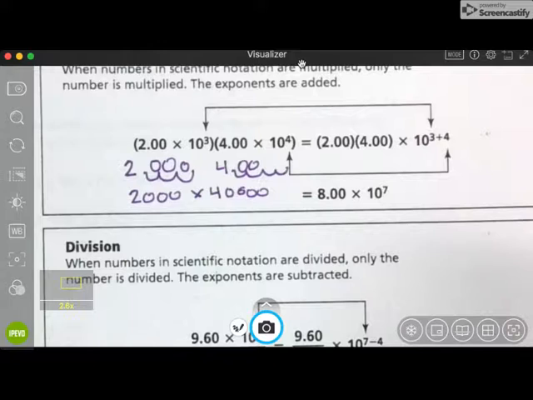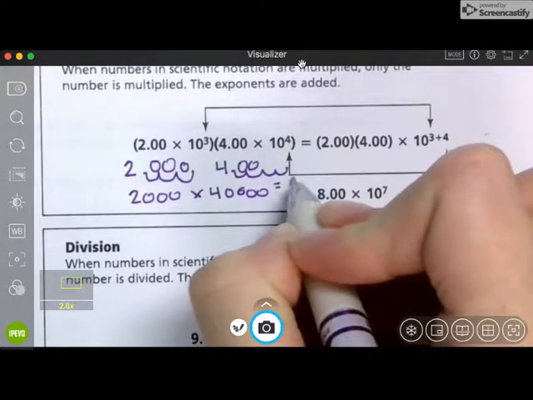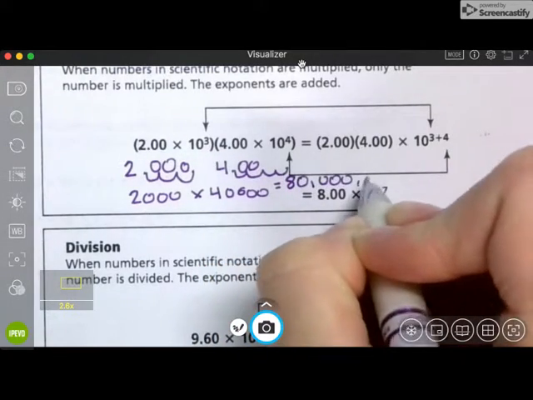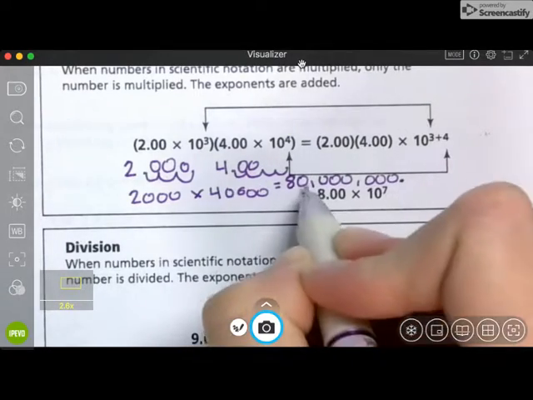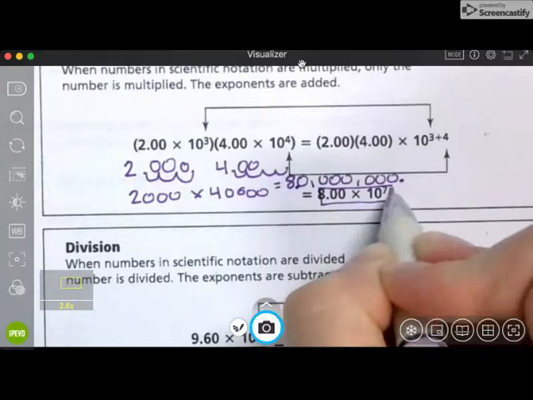And when I do 2,000 times 40,000, what do I get? 80,000. Or I'm sorry, 80 million. And then if I have my decimal here, I want it to go here. I end up getting this answer.